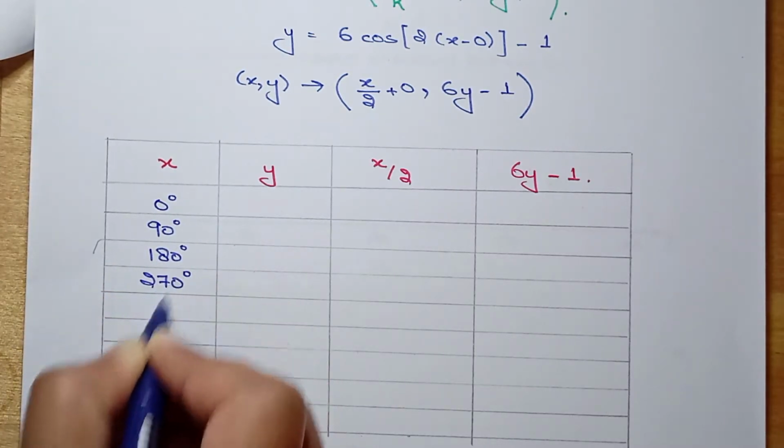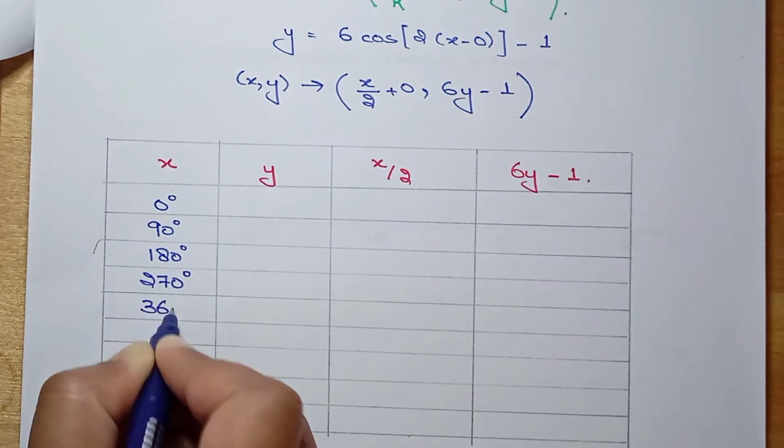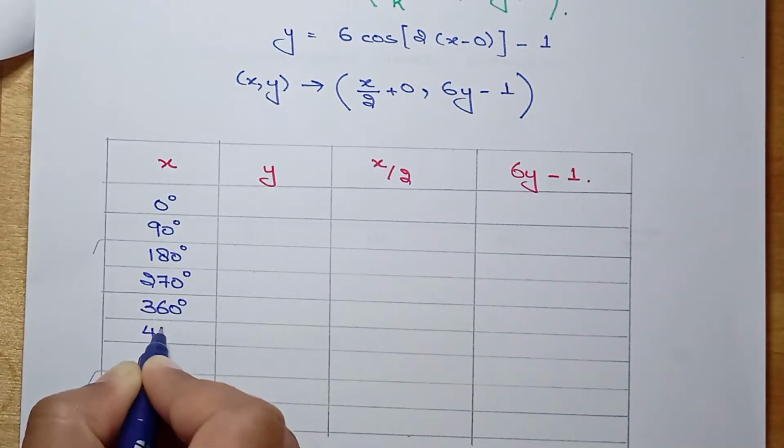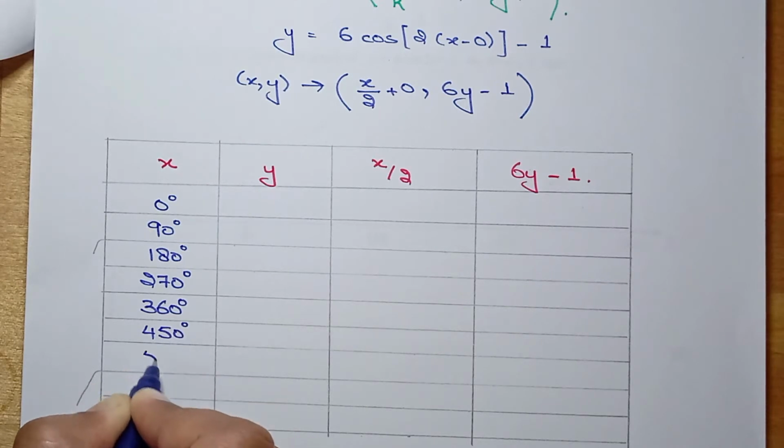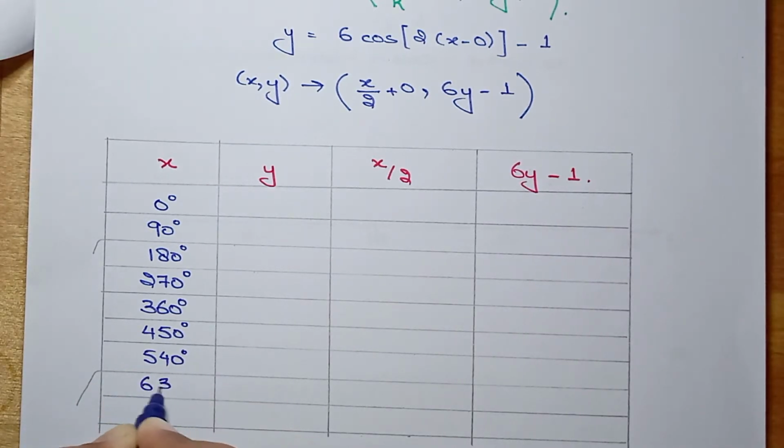I'm just adding 90 each time, so 360, then 450, 450 plus 90 would be 540, 540 plus 90 would be 630, and 630 plus 90 is 720.